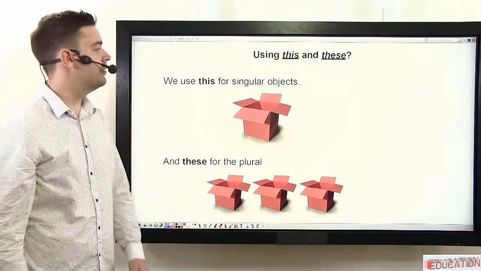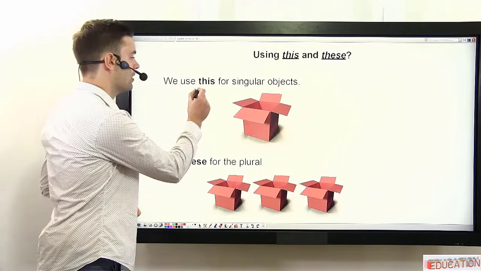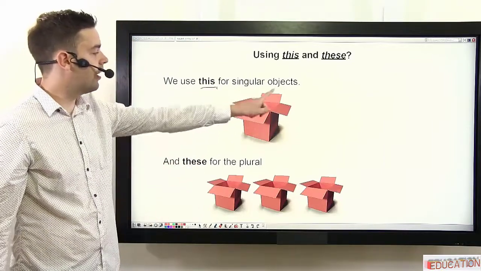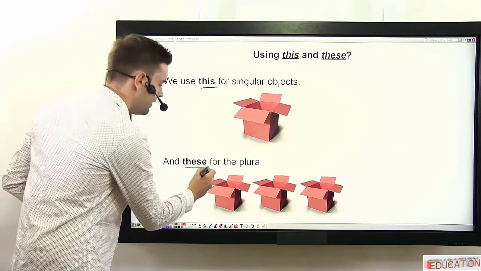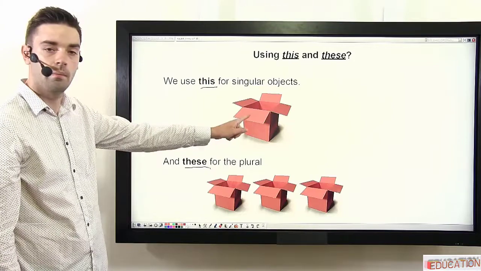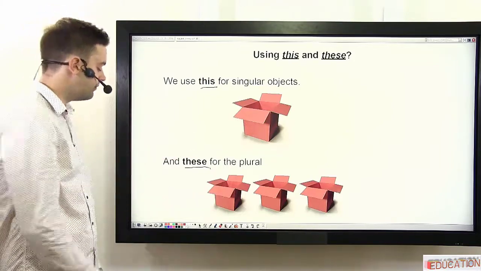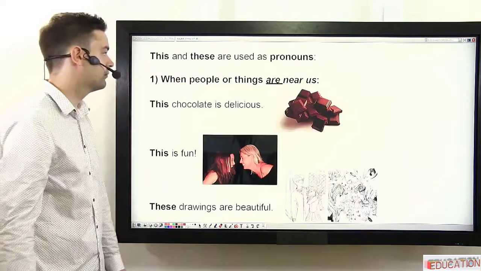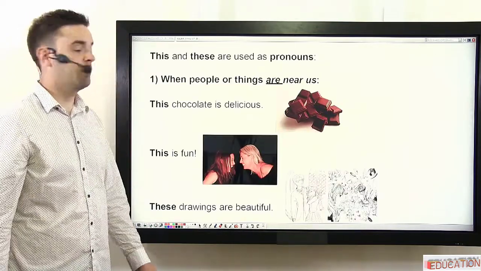So now let's use this and these. We use this for singular objects, one. And we use these for the plural, more than one. This box, these boxes. This and these are used as pronouns.